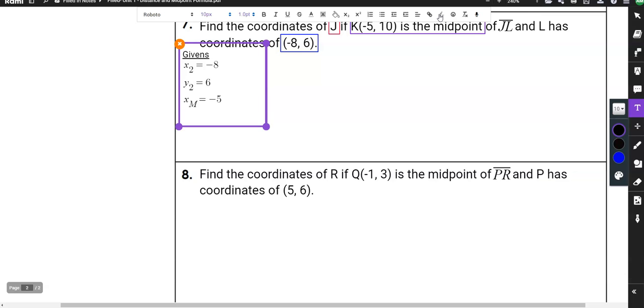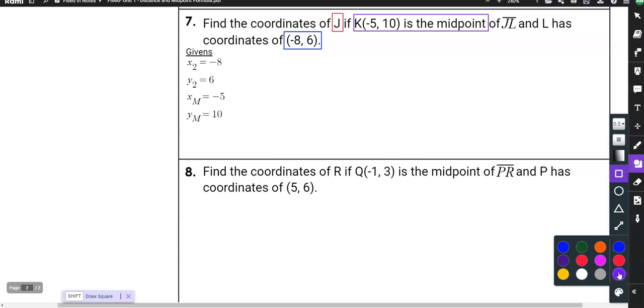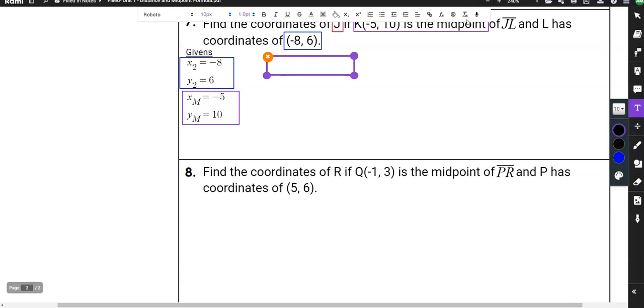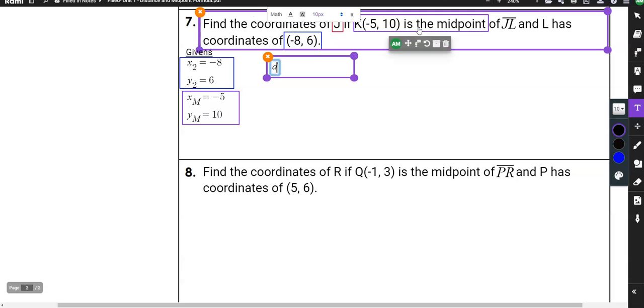And we have y of the midpoint, which is given to us as 10. All right, so I'm going to apply the color code. Again, x2 and y2 are going to be boxed in this blue color, and then I use purple for the midpoint. We've got our list. Now it's time for our formula.